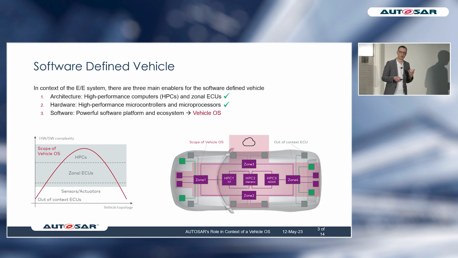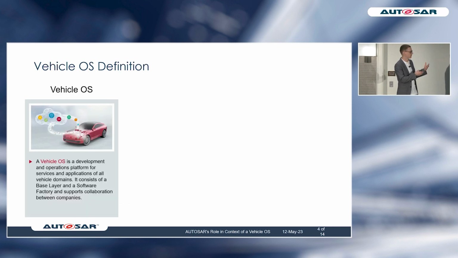And to be a little bit more precise, here is a definition we came up with for vehicle OS. It's a software platform and ecosystem for all vehicle services and domains. So we are not differentiating between a vehicle OS only for IVI, in-vehicle infotainment, or an OS only for ADAS.